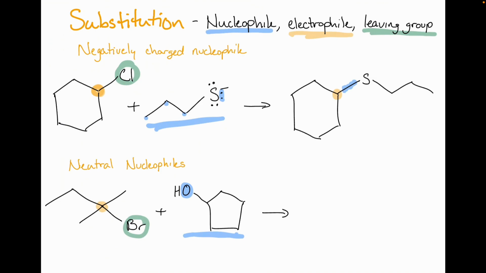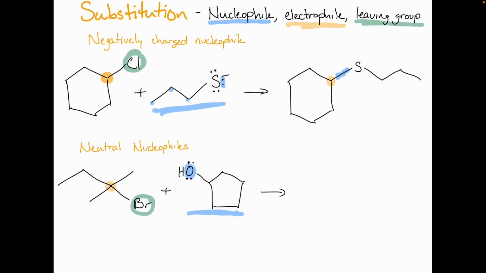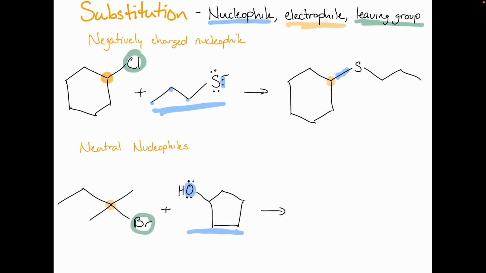In this case, that electron-rich species with its lone pairs is this oxygen. So with our neutral nucleophiles, we're going to lose a hydrogen and replace it with our new electrophile-nucleophile bond. Everybody take a second and see if you can give me that product.